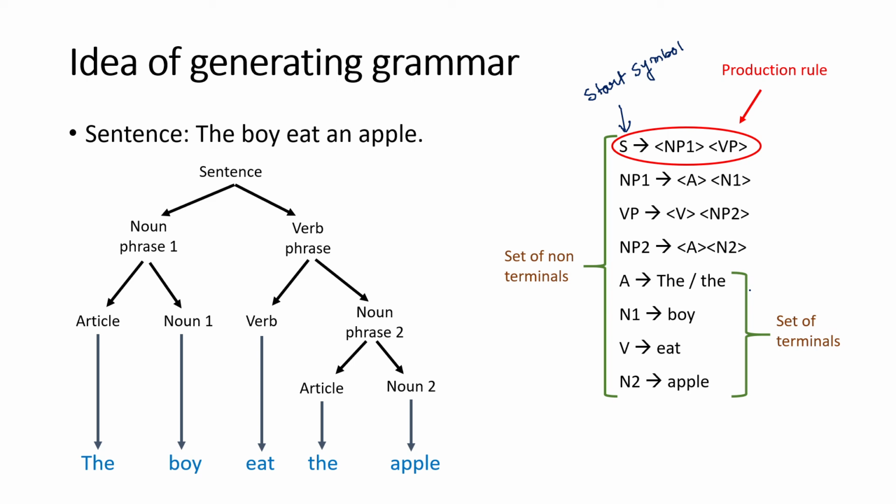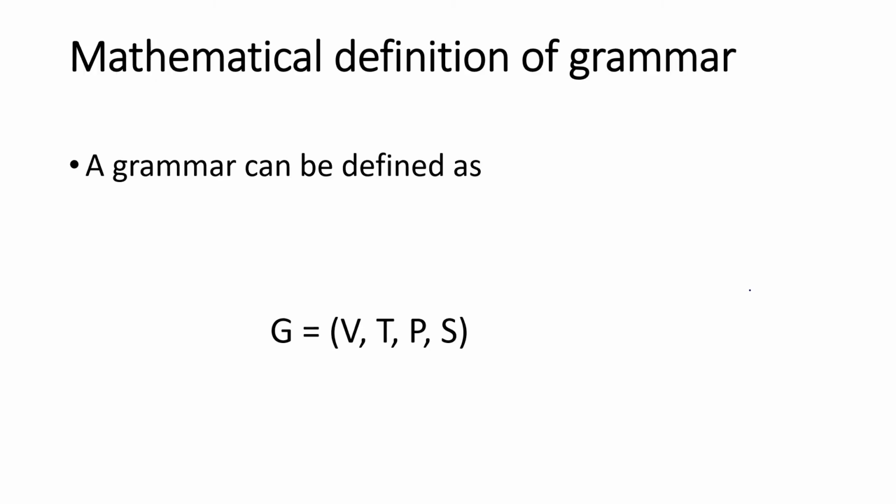So in this way, if we search for the exact mathematical definition of a grammar, we can say that a grammar can be defined using these four tuples: V, T, P, and S.